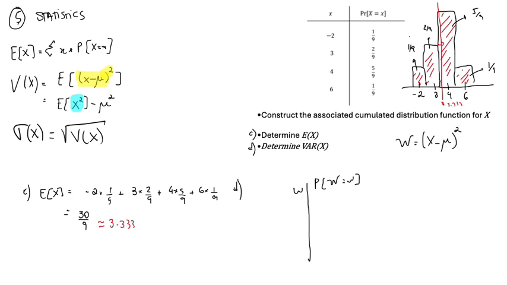Let's put the numbers in the formula. When x is minus 2, this is minus 2 minus the mean, 3.33, squared. So this is minus 5.33 squared, and I did this calculation. This is 28.